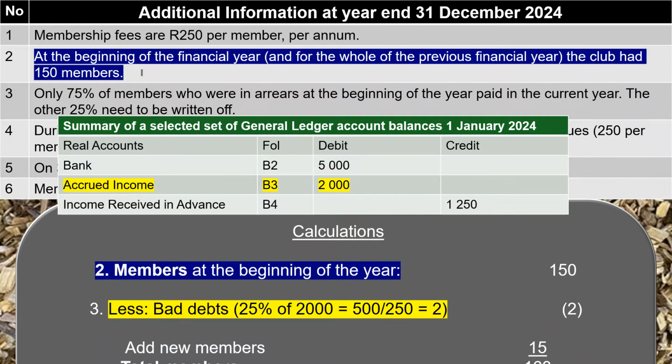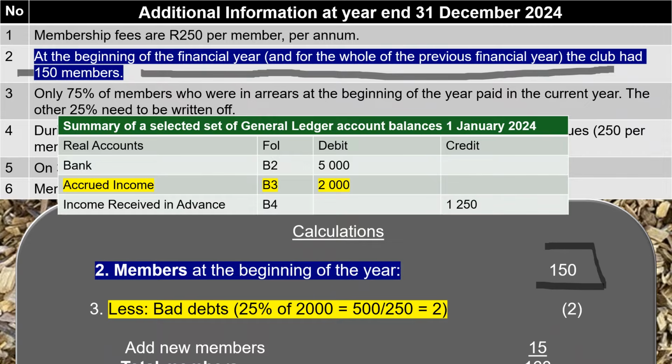Now, back to our information. At the beginning of the financial year, and for the whole of the previous year, the club had 150 members. So it's always nice to know how many members we have. We had 150 members, so we start making a list of how many members we have.